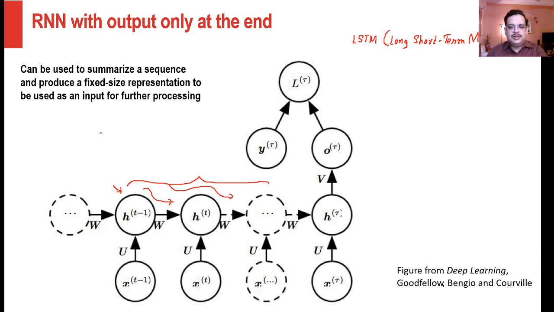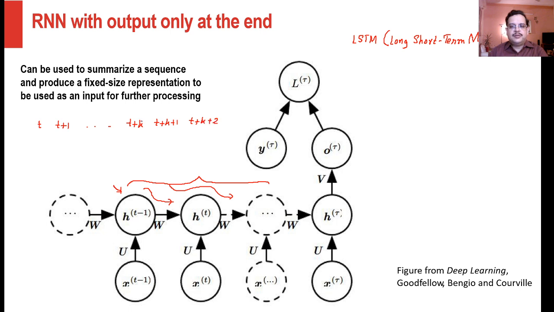But in reality, if I look at the time steps, so suppose this is t, this is t plus 1, then dot dot dot some t plus k, and then t plus k plus 1 and t plus k plus 2.